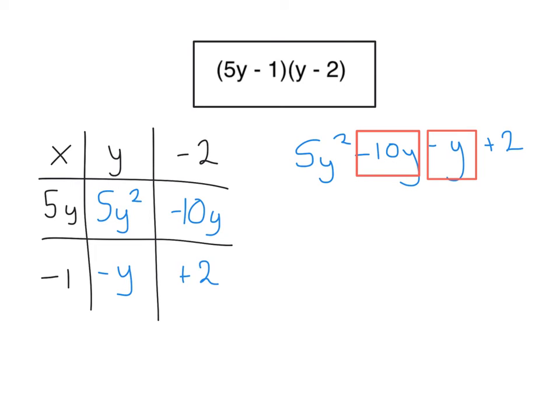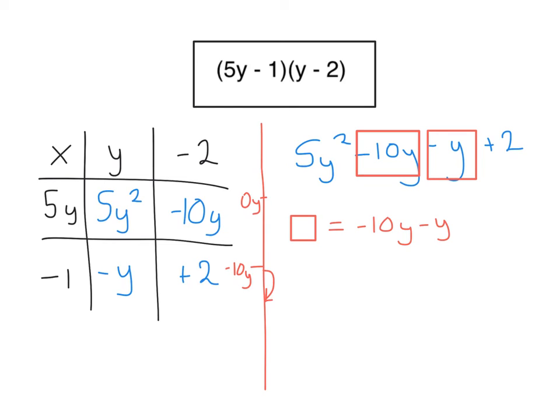So I've got my squares, which is equal to negative 10y take away y. So you need to think of this on a number line. I'm already at negative 10y. There's 0y, and I'm taking away another y.